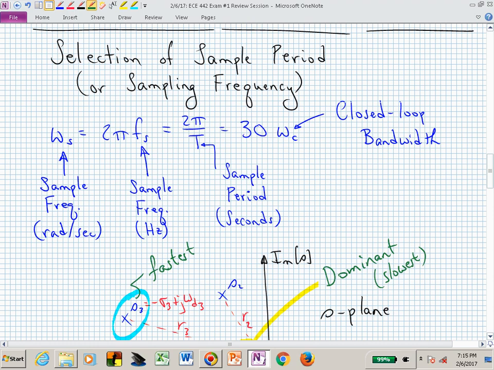Well, we're trying to control the system, not just find information in our signal. We're more interested in the shape of our waveforms than maybe just whether it's off and on, the information content. So we need to sample faster than the Nyquist rate, which is twice the highest frequency. We want to capture more than just information. We're trying to control this system. So the rule of thumb is to do 30 times. We'll maybe talk more about that later, but right now it's a rule that I'm okay with you using.